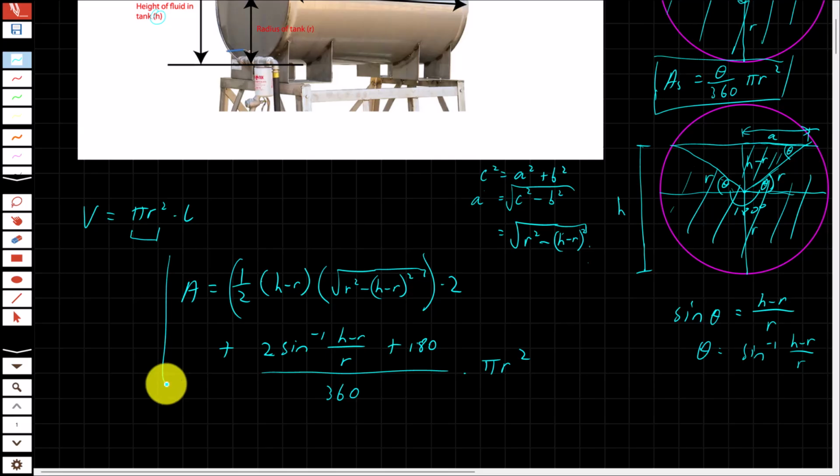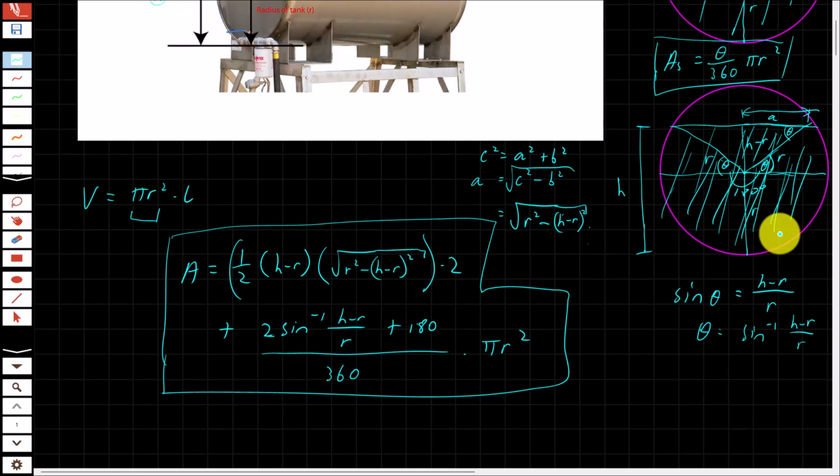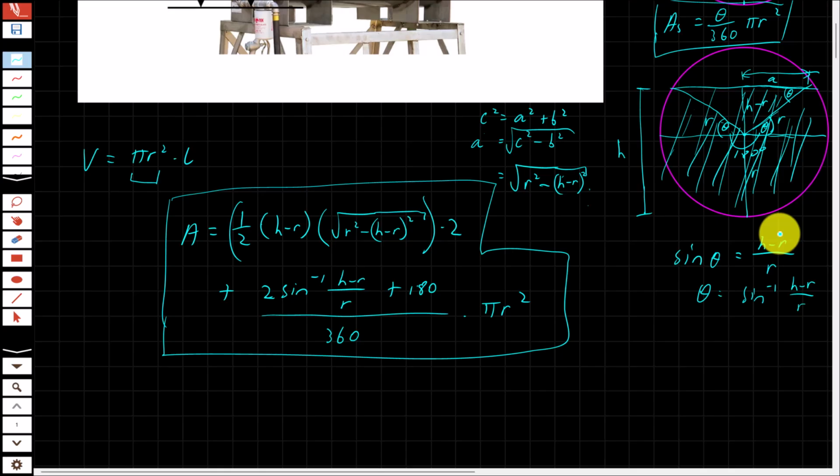And this formula here is now the complete area of the fluid on the end section there of the tank. So we've now calculated this part.